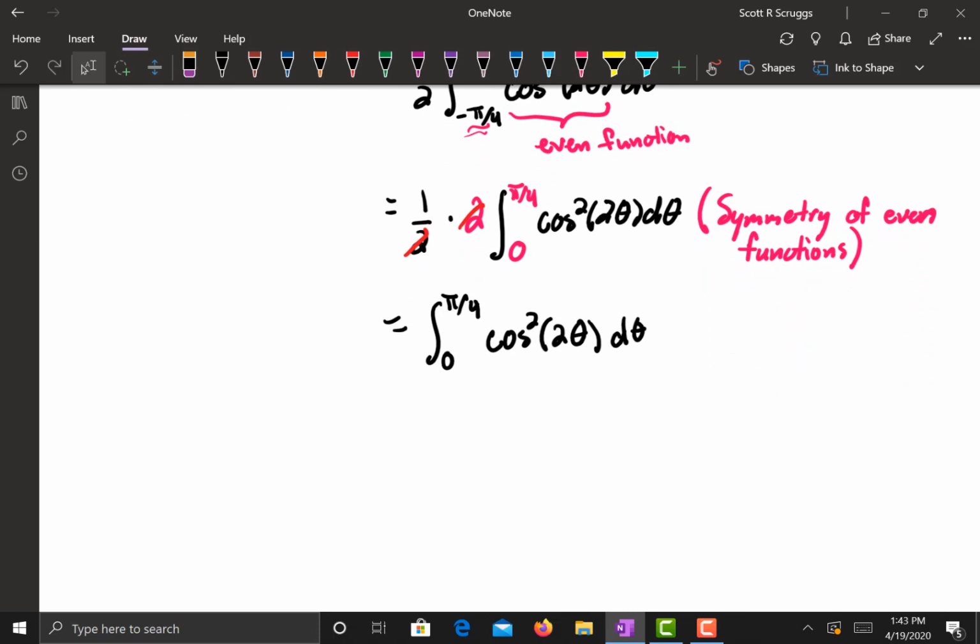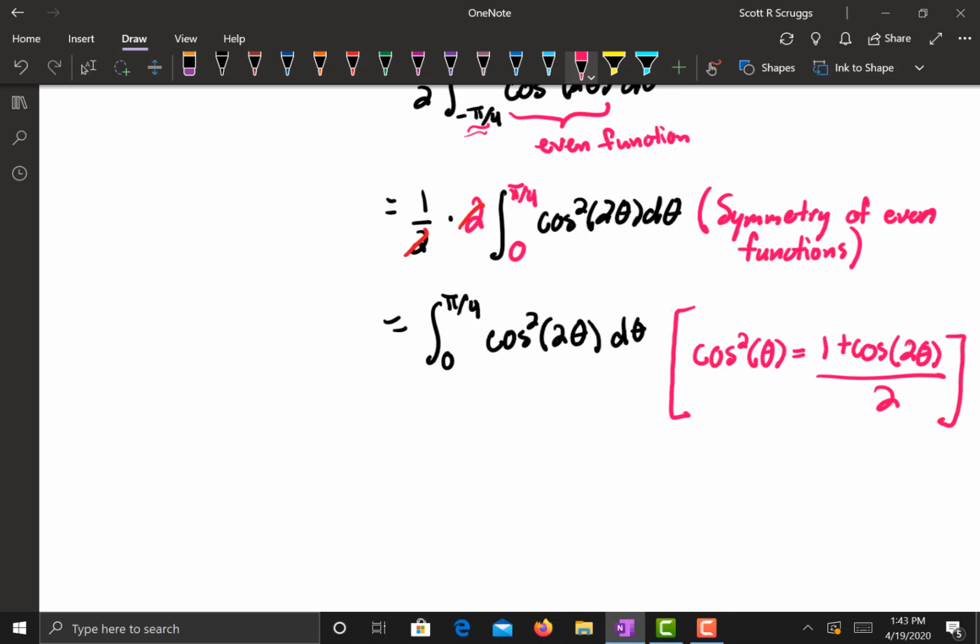And right now it looks like, well, I'm sort of stuck. But I'm taking the integral of a cosine with an even power on top. And if you recall from when we talked about trig integrals, if that is the case, our half angle formulas are going to come into play. So there's our half angle formula if I just had theta.